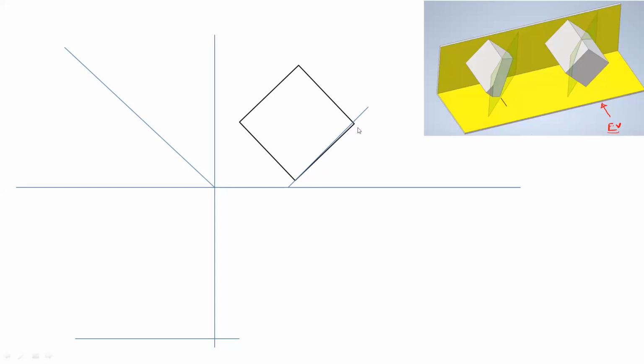Now take the projection in the top view. If you observe from the top view, you can observe this rectangle. The height of the rectangle is equal to 60 mm.